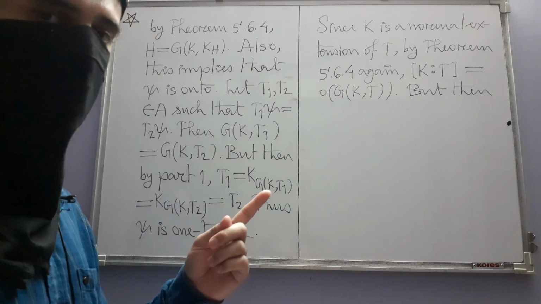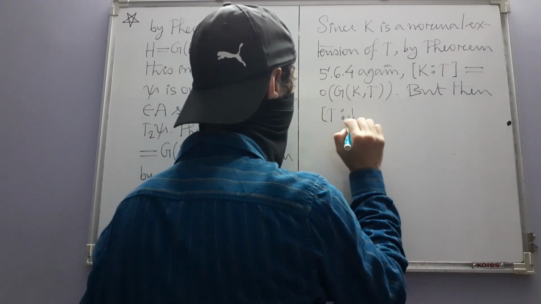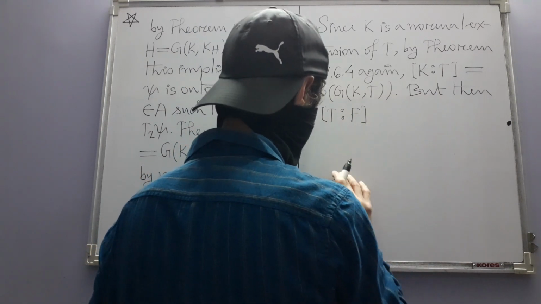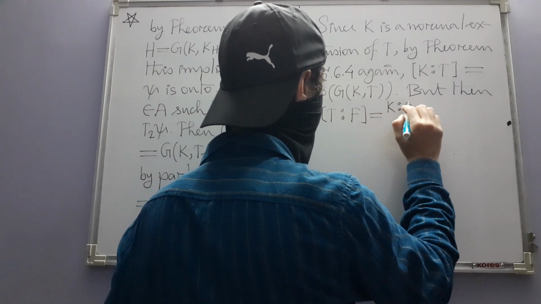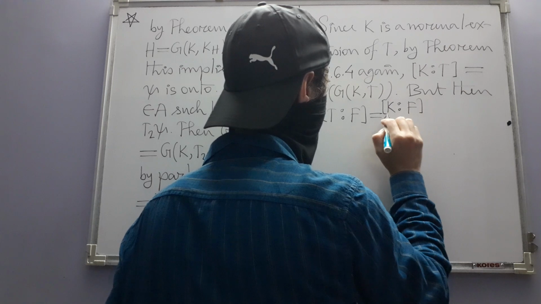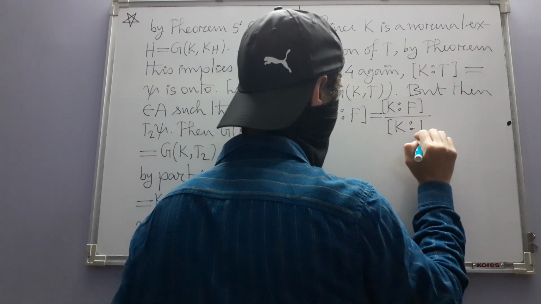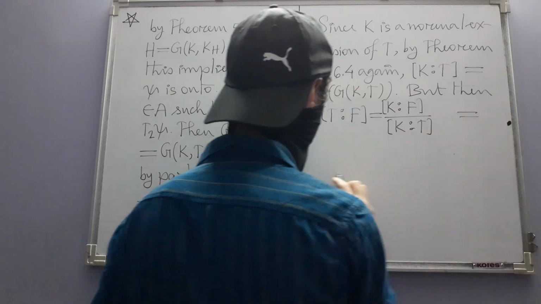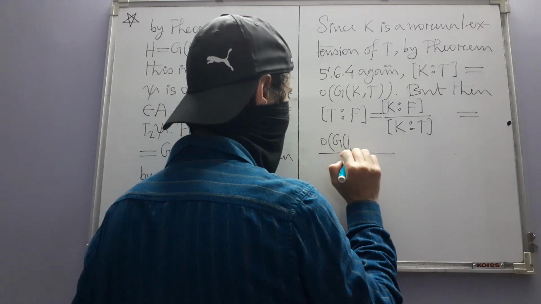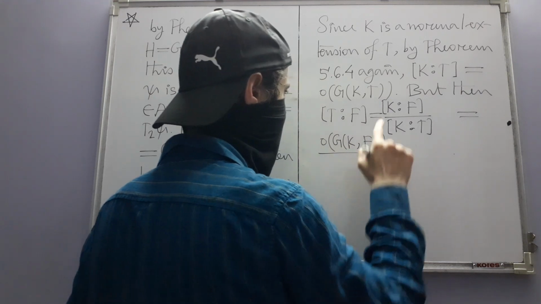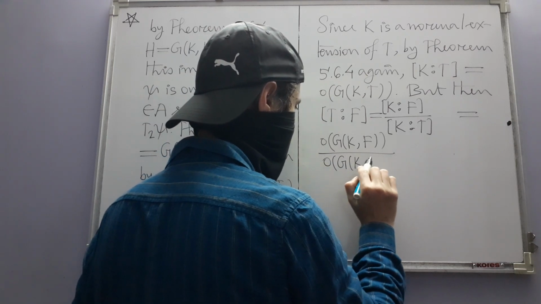But then we also have something else. The degree of T over F is equal to the degree of K over F divided by the degree of K over T. This is the order of the Galois group, and this just now we have shown is the order of this group.